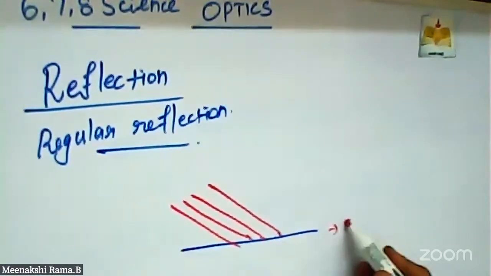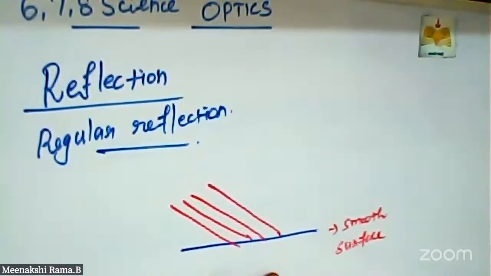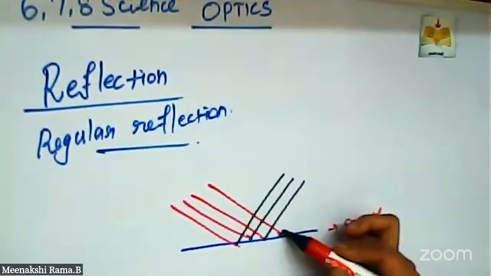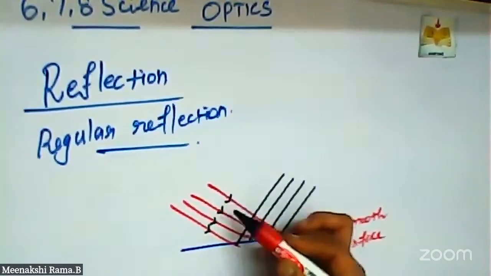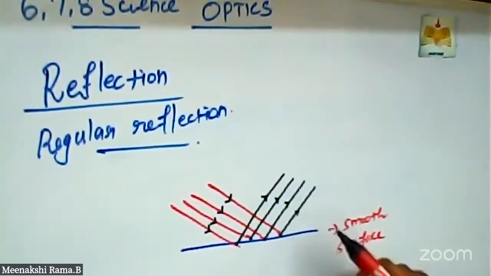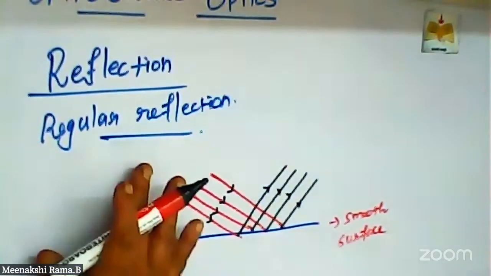This is the incident ray. The red colors are incident rays. Black colors are reflected rays. It looks very nice. In this manner, regular reflection occurs.